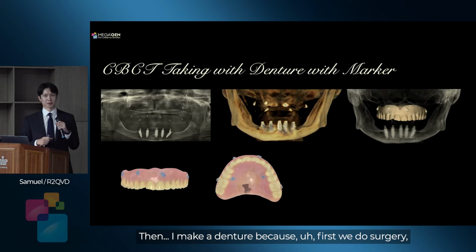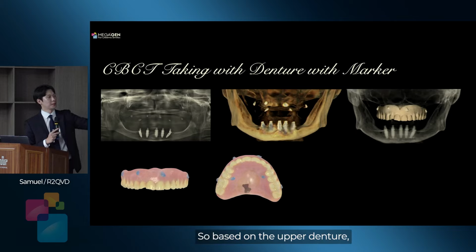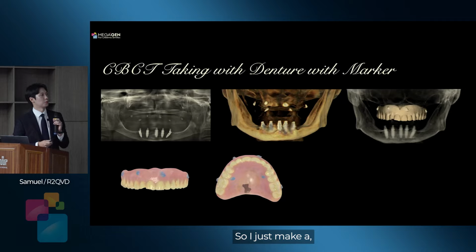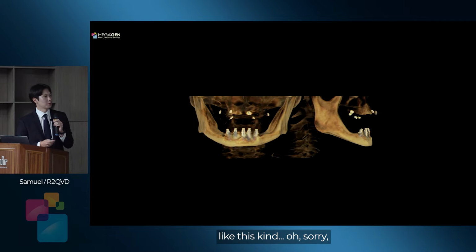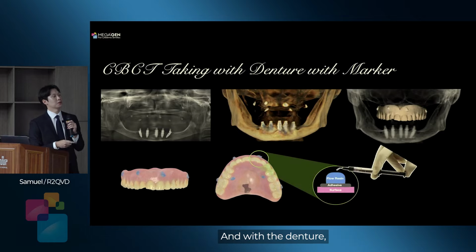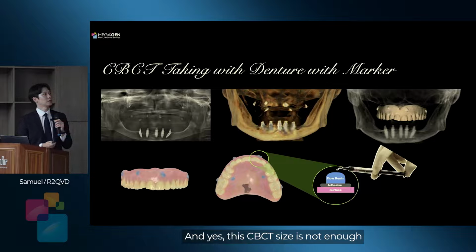Then I made a denture, because first we do surgery on the lower, so based on the upper denture, we have to make a prosthesis. I just made this kind of marker in the denture, and with the denture, I made a dental avatar. And yes, this CBCT size is not enough.